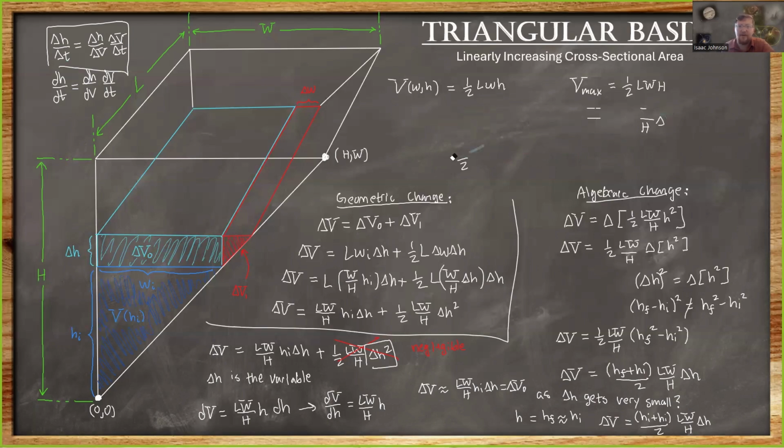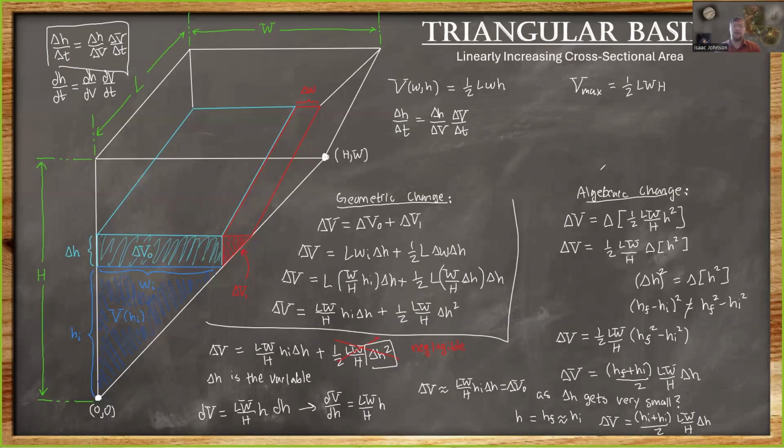So let's figure it out. We're looking for delta H over delta T, and we're seeing if it equals delta H over delta V times delta V over delta T.